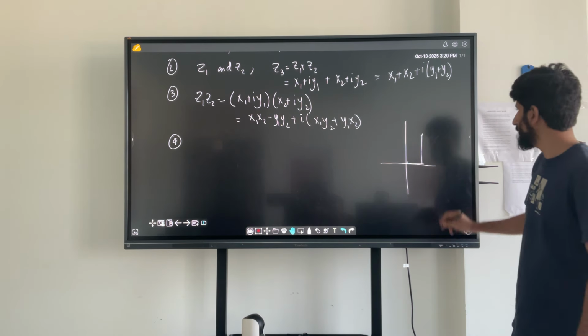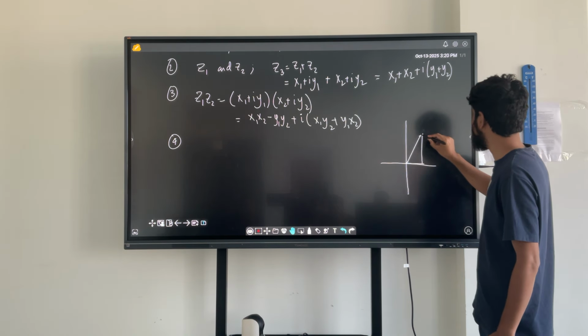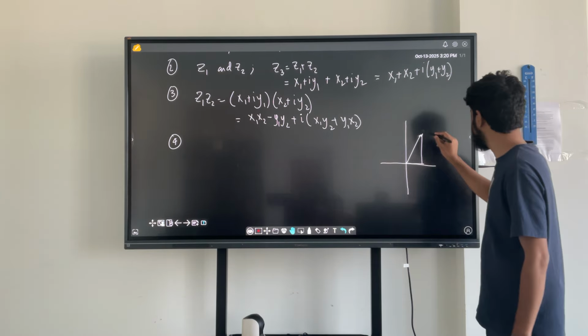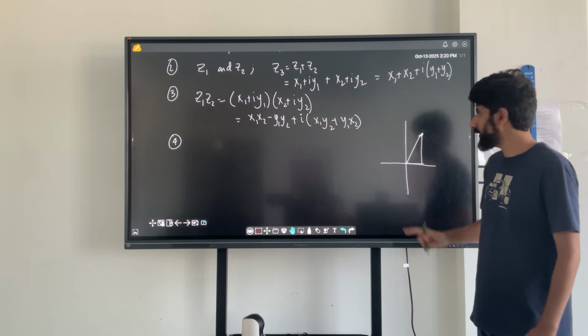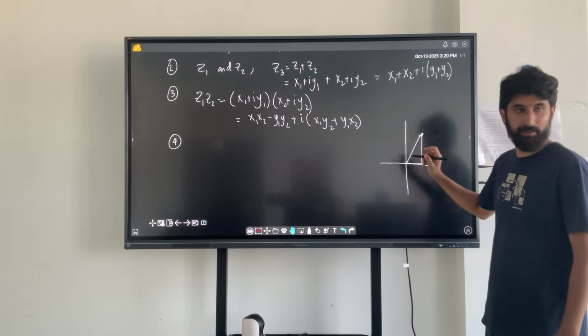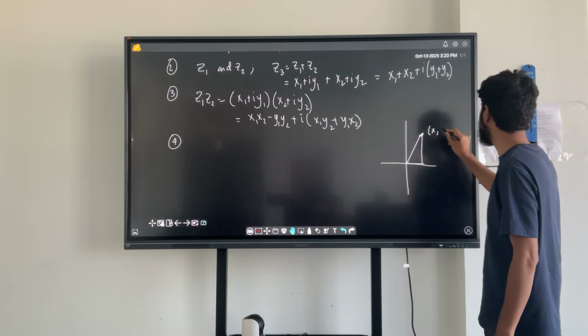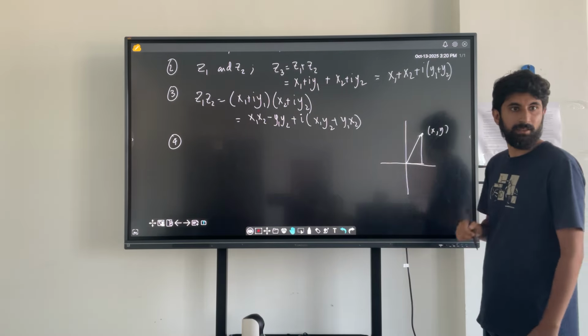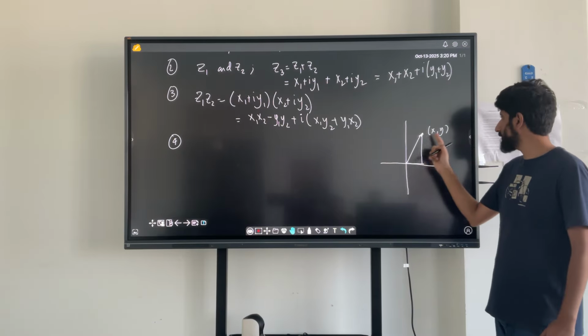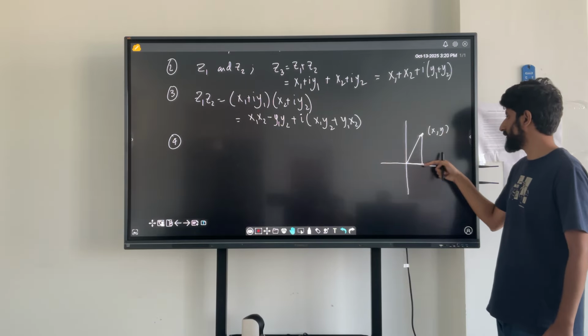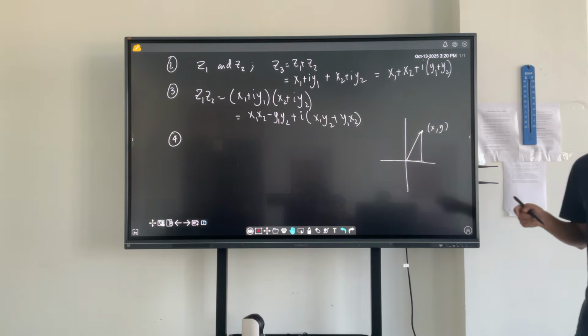These two lengths together give you this vector, which represents this point. You call this the position vector of this point, and it is basically an ordered pair x, y, where these two have physical identification: this is the distance from the y-axis and this is the distance from the x-axis, perpendicular distance.